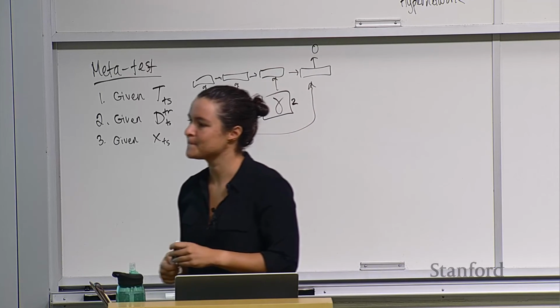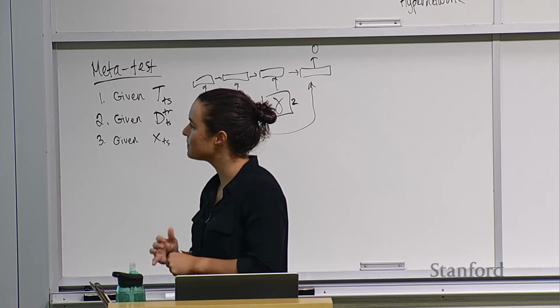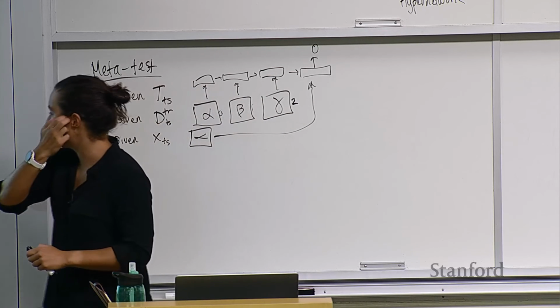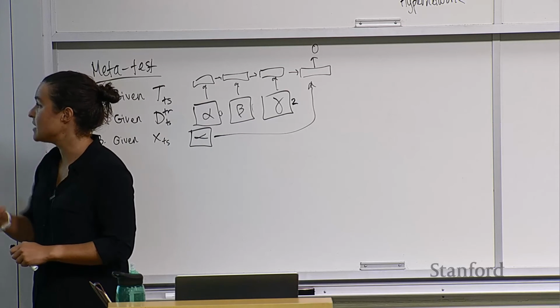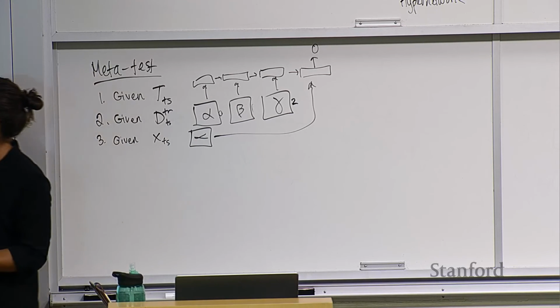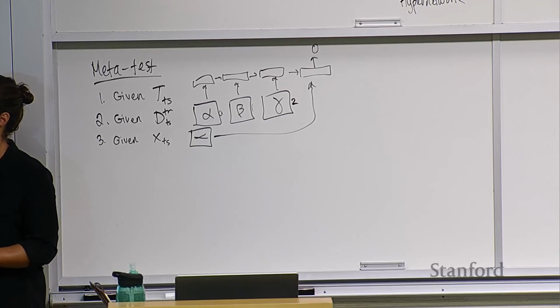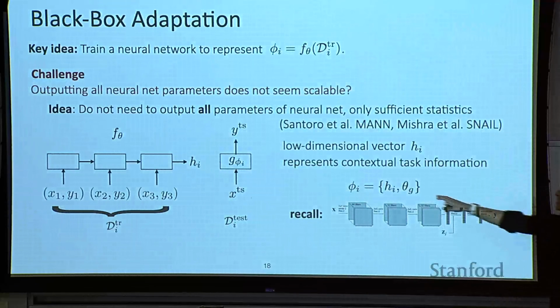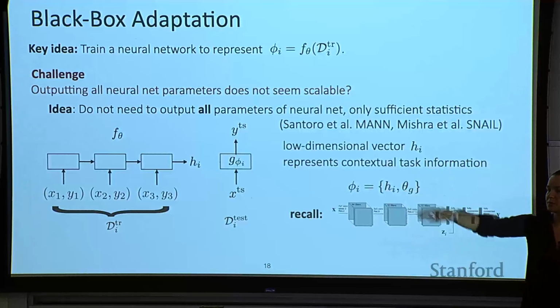Yeah. How do we learn the big theta G for phi i? So the question was how do we learn the big theta G for phi i. You can think of theta G as part of the meta parameters, and that's why I'm using theta here. We're going to optimize theta G alongside all of the rest of the parameters of theta.